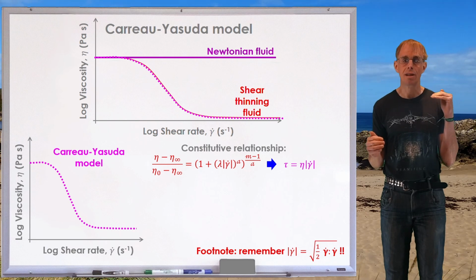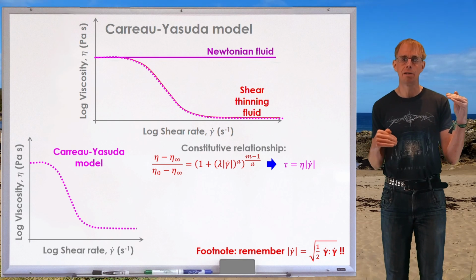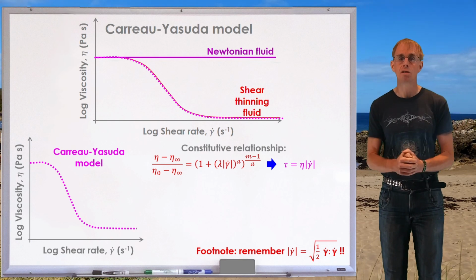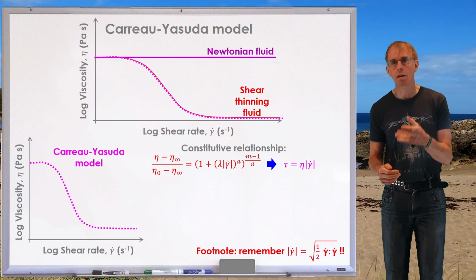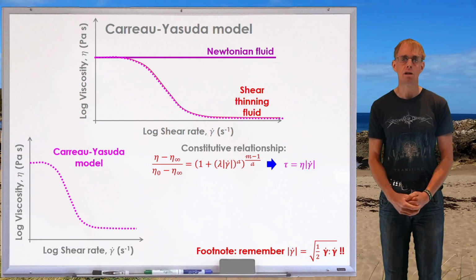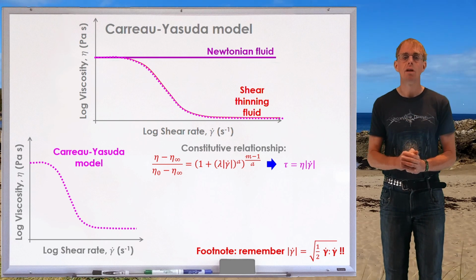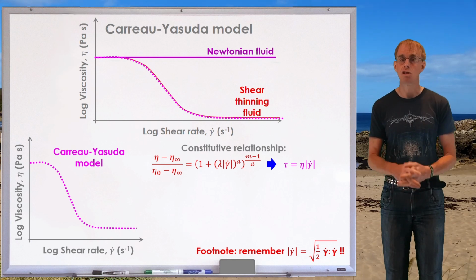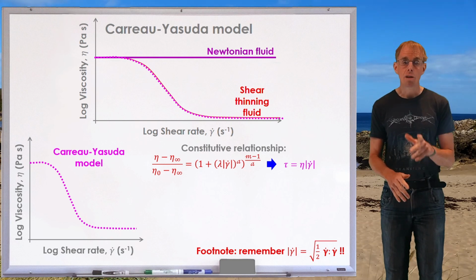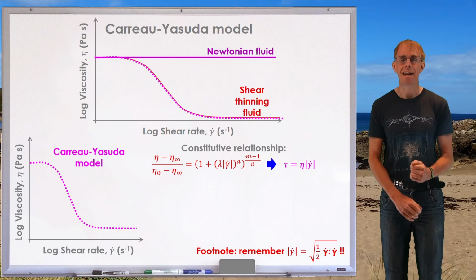So it's the low shear rate Newtonian plateau viscosity less the high shear rate Newtonian plateau viscosity. In the numerator, you've got the viscosity that you've got at your stated shear rate less the high shear rate Newtonian plateau viscosity. And we can see that that quotient is equal to, on the right hand side, a number of terms that involve a relaxation time, lambda, and you've got 2 other parameters there, A and M.